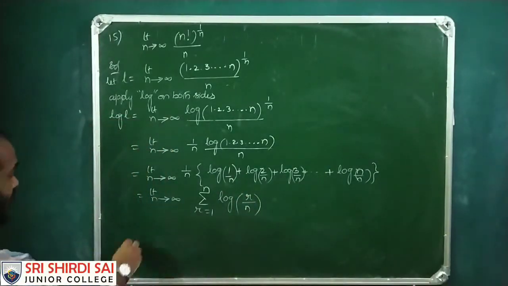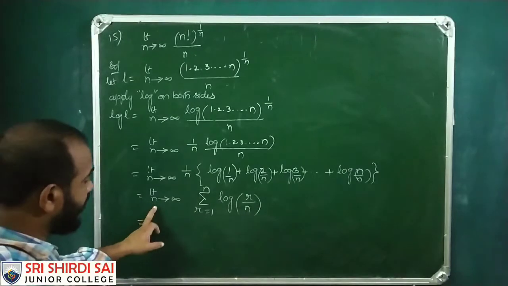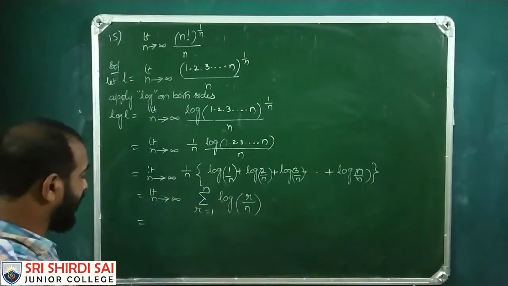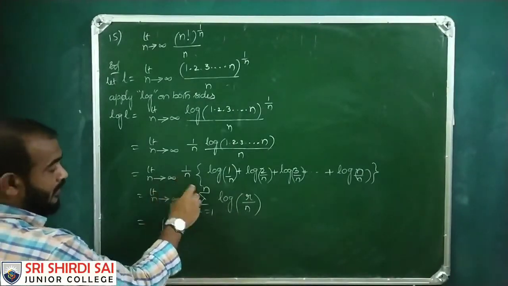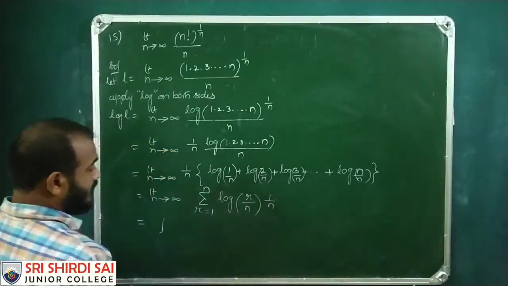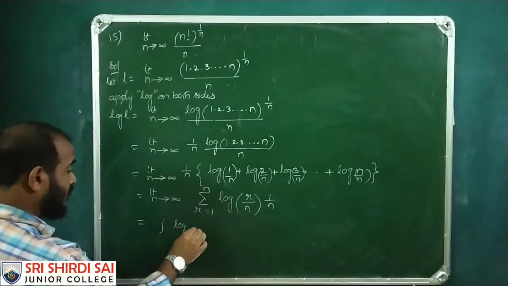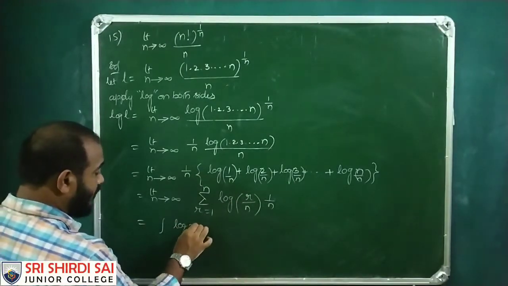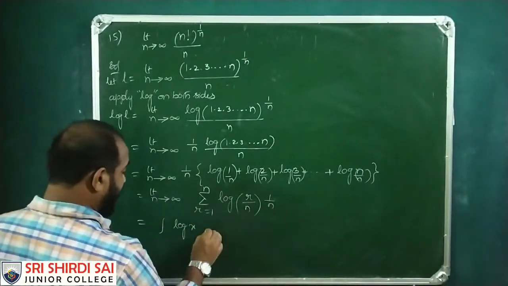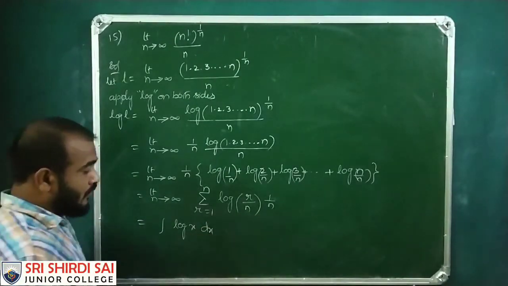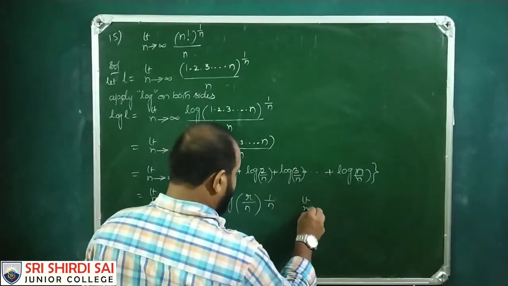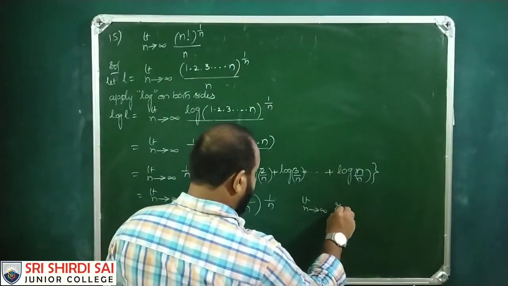So this is limit n tends to infinity, sigma is taken as integral, and this 1 by n is dx. So log of r by n is to be replaced as x, 1 by n is dx, and the limit n tends to infinity of r by n.